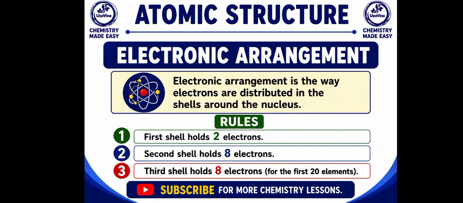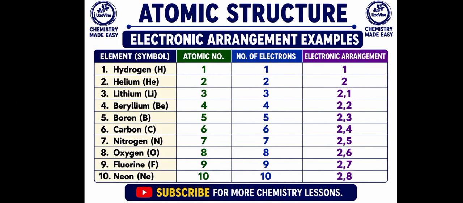Now let's look at the examples. Now we look at the elements. Hydrogen, atomic number 1, number of electrons 1. The electronic arrangement is also 1, meaning that hydrogen is going to have 1 shell, and that 1 shell will have 1 electron, because 1 electron can still fit in, it is not more than 2.